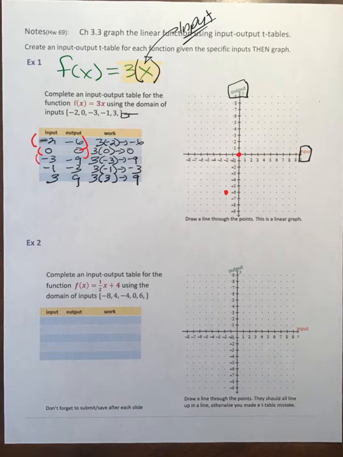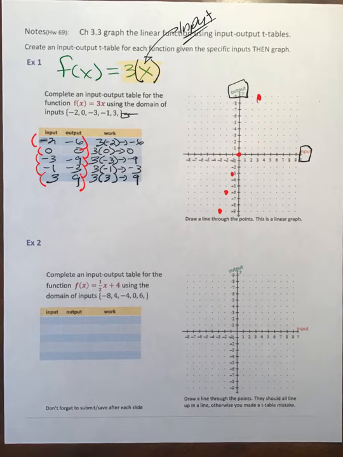Then we're going to plot -3, -9. So -3 is the input, and then the point goes all the way down to -9. And then -1, -3. So -1 is the input, down to -3 is the output. And then +3, 9. So 3 for the input, and then it goes all the way up to 9 for the output. So there's the point 3, 9.